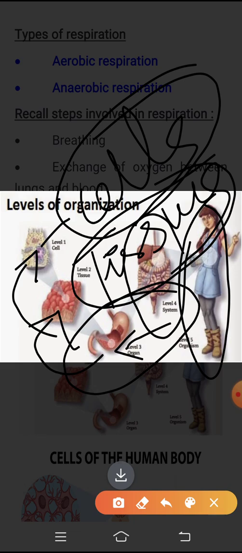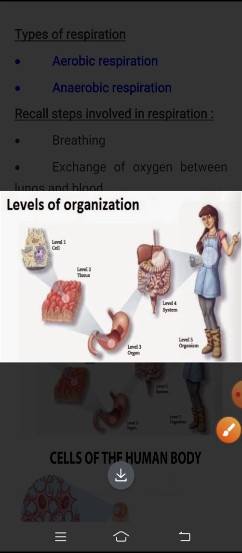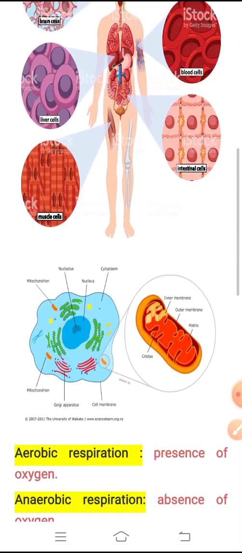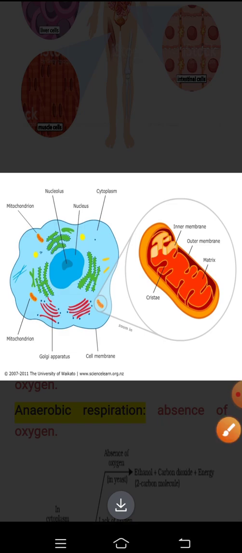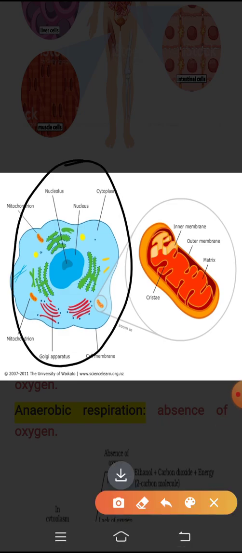So now inside the cells, the cell receives the oxygen, right? This is a proper view of the cell. As the cell receives the oxygen, it enters the cytoplasm. And what is present inside a cell?